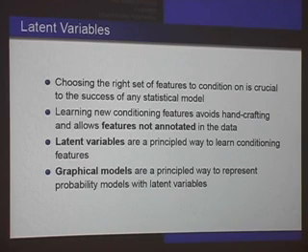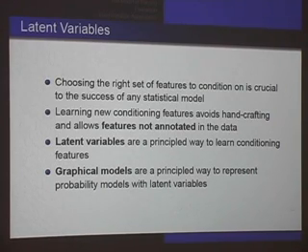So as anybody who's worked on statistical models knows, one of the most important features is choosing the set of features you're going to condition your probabilities on. Usually that's done by hand, but we would like to be able to learn that, to induce those features as part of learning.